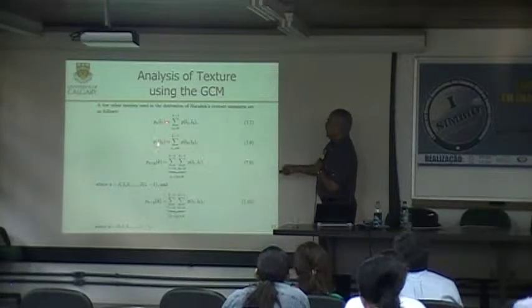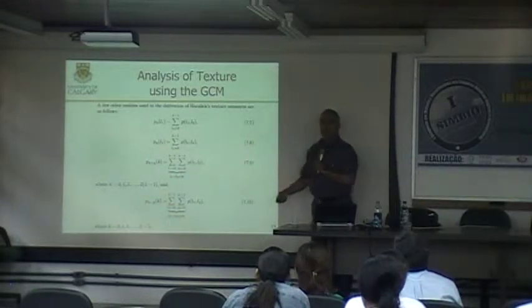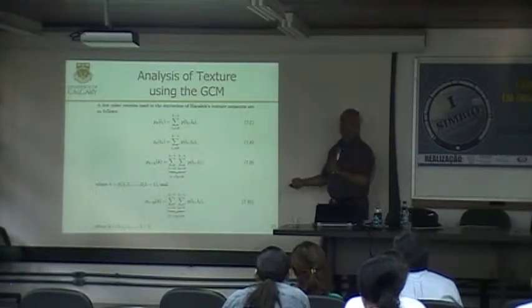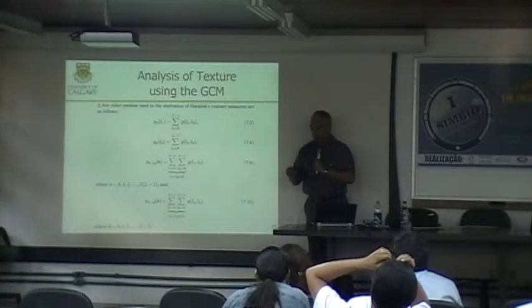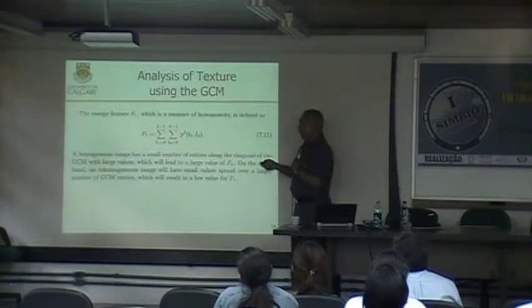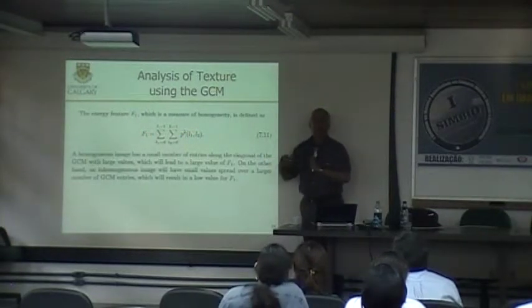You get Px(L1), Py(L2), P(x+y)(k) for k being L1 plus L2, and P(x-y)(k) for k being the magnitude of L1 minus L2. So these are another set of probabilities derived from the original co-occurrence matrix. And then there are a number of features. F1 is the sum of P squared (L1, L2) over all values.